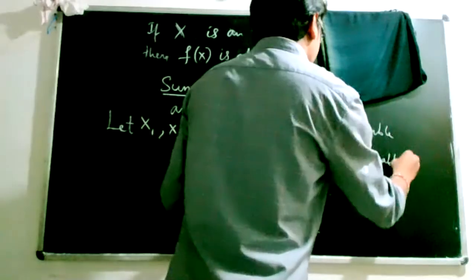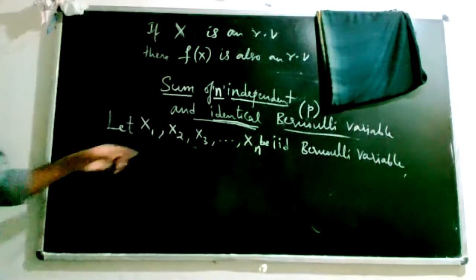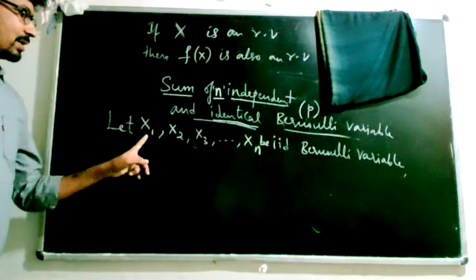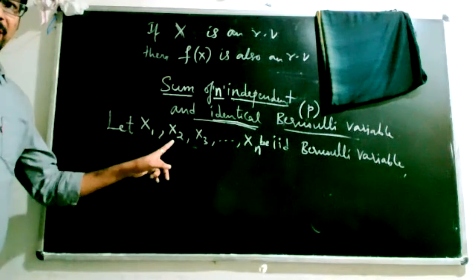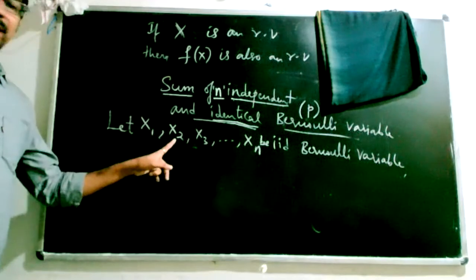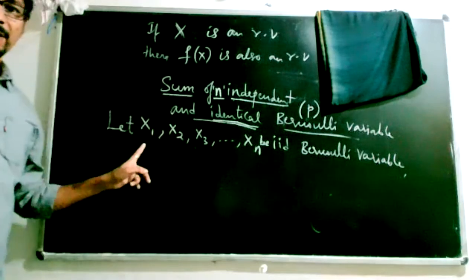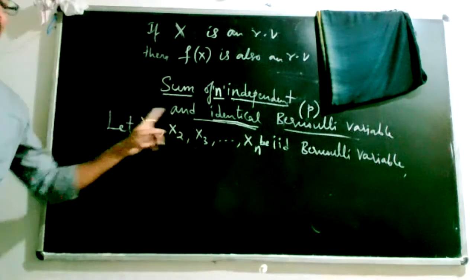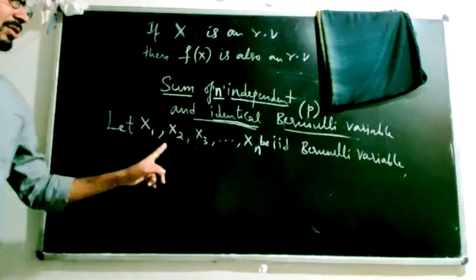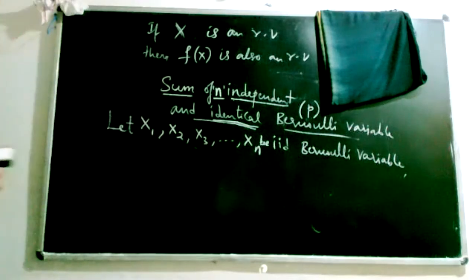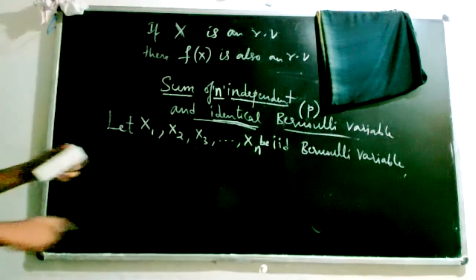What's the meaning of IID Bernoulli variables? As said, the trials are independent. The first experiment and the second experiment, the results of the events, are all independent. So the x1 value is not dependent on x2, and the x2 value is not dependent on x1 or any of these values. The value of x3 is not dependent on any of these. Any xi value is not dependent on any xj in these selected n variables.